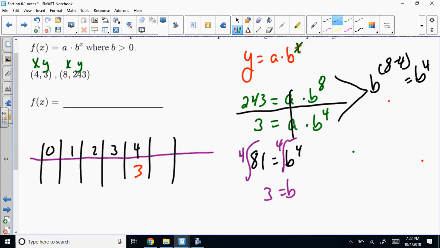If going up on outputs means multiplying by 3, then if we go backwards, it should be divided by what? 3. So if I divide by 3, that'd be 1. If I divide by 3, that'd be 1/3. If I divide again, that'd be 1/9. If I divide again, that would be 1/27.